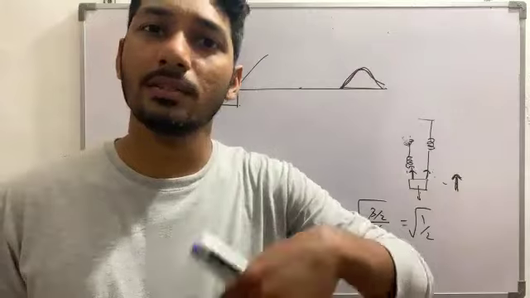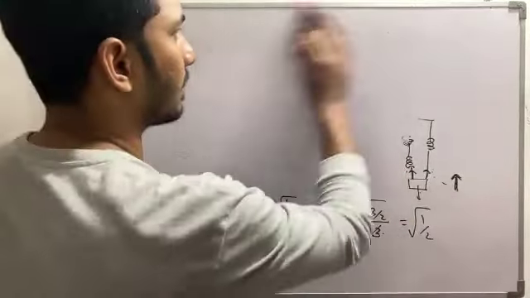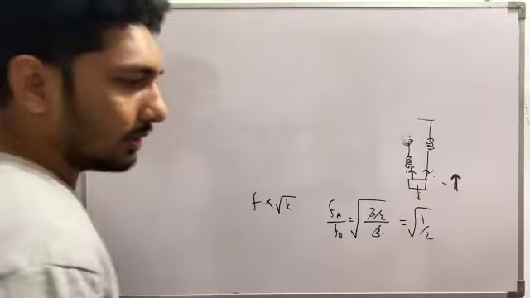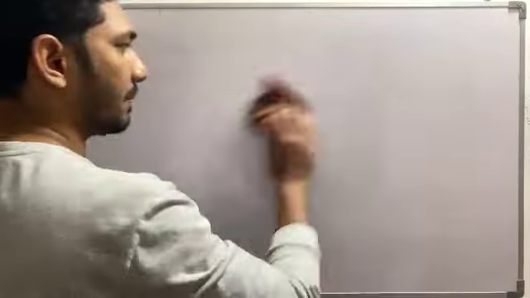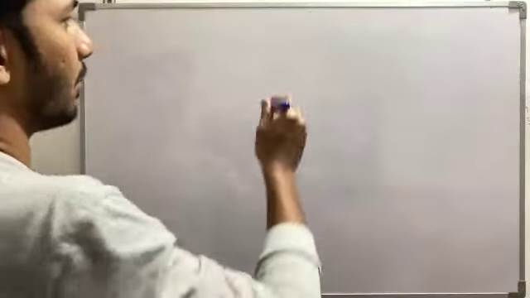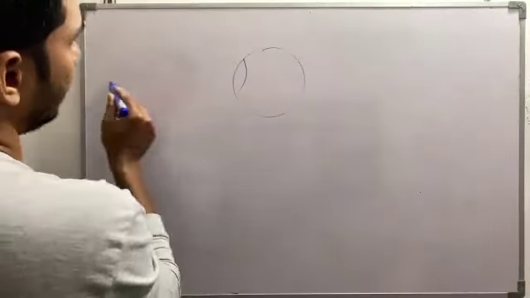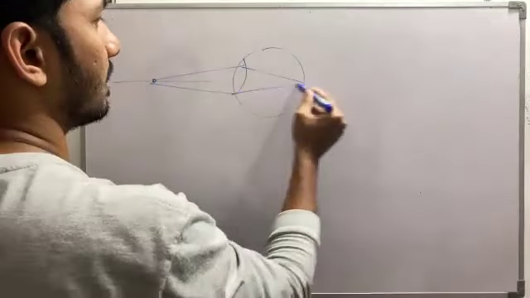Their problem is what? The near vision. Usually the shortest distance a person can see clearly is 25 centimeters. That is what you call the near point. So if you keep it at 25, I can see.